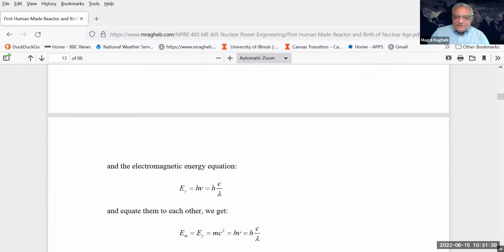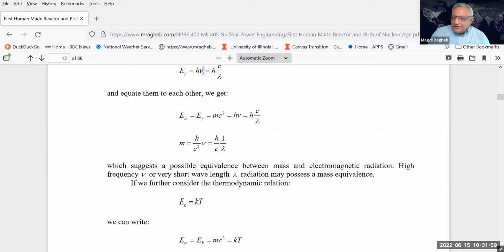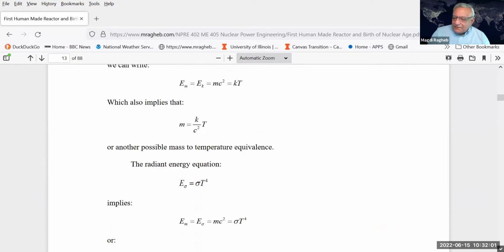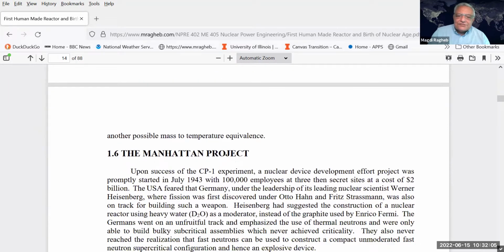In fact, this equation right here suggests that if you have electromagnetic radiation that has a very, very high frequency, it can be turned into mass. There is an equivalence between the two. The mass here is proportional to the frequency of the radiation. This is a tentative explanation for the existence of dark matter and dark energy in general.